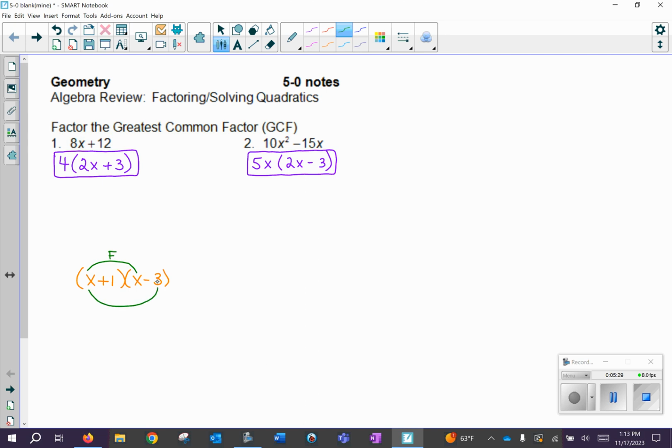Those are the outer two terms. That's the O in FOIL. And then I'll use a different color. Then you pick up and distribute the 1 to the X. And I'm going to put it down here for what I'm doing. That's the inner two terms. And then the last times the last. That's the L for FOIL, F-O-I-L. Now that's also called distributing, okay?